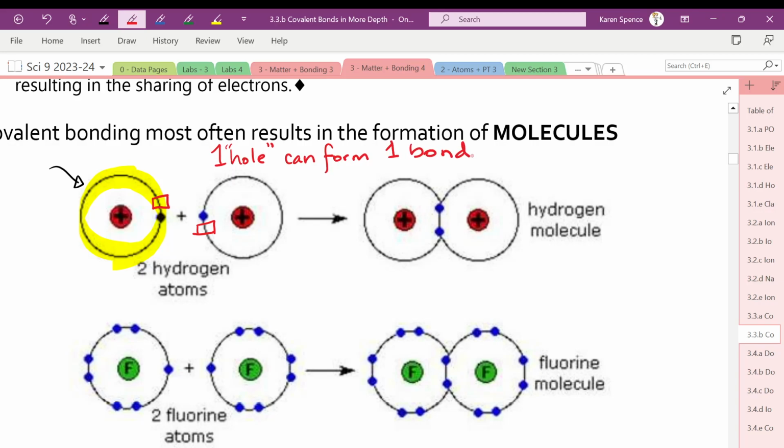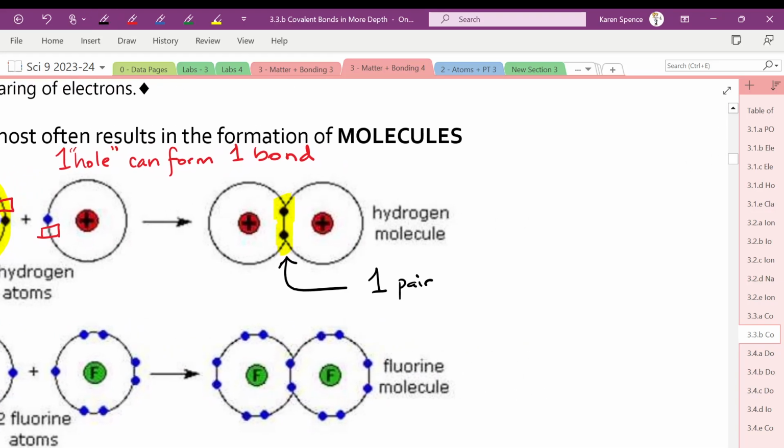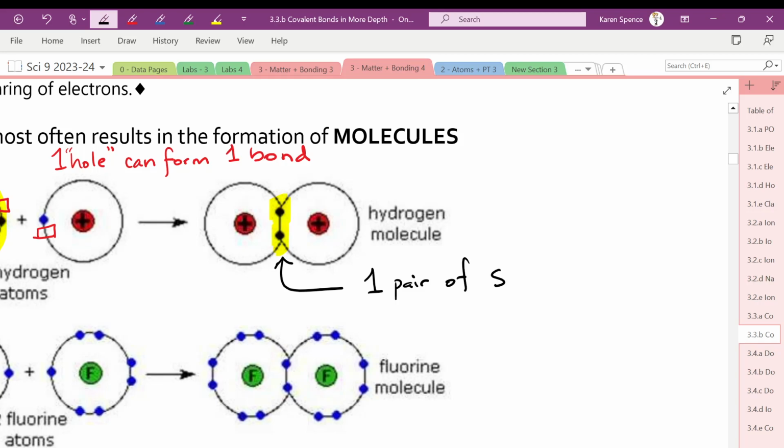So look at this. When these two guys come together, we have one pair of shared electrons. How many bonds is one pair? It's just one. A pair of electrons equals one bond.